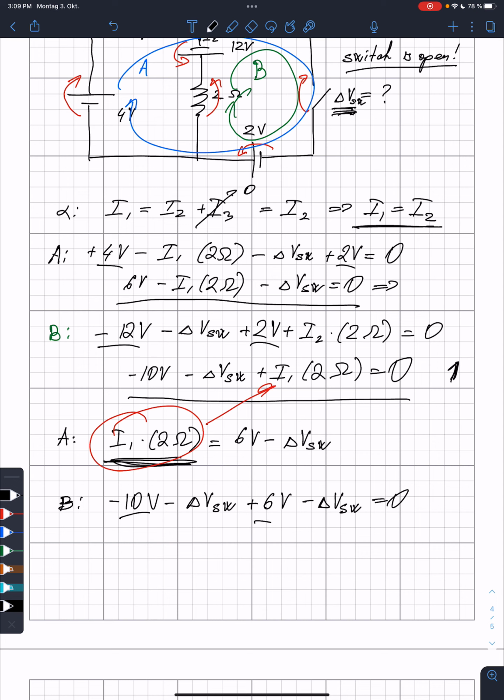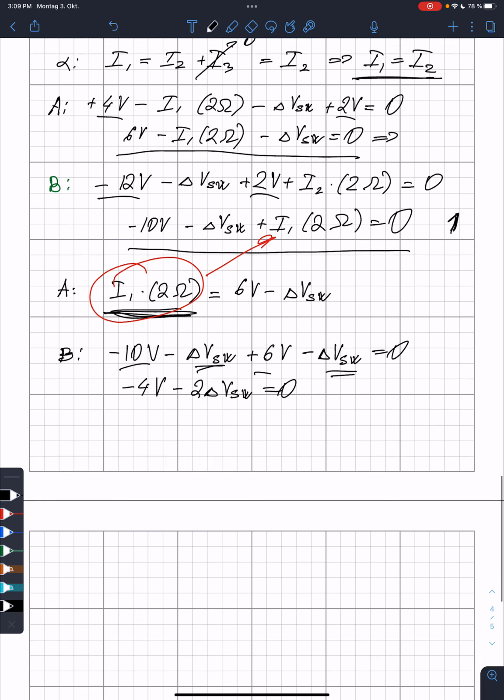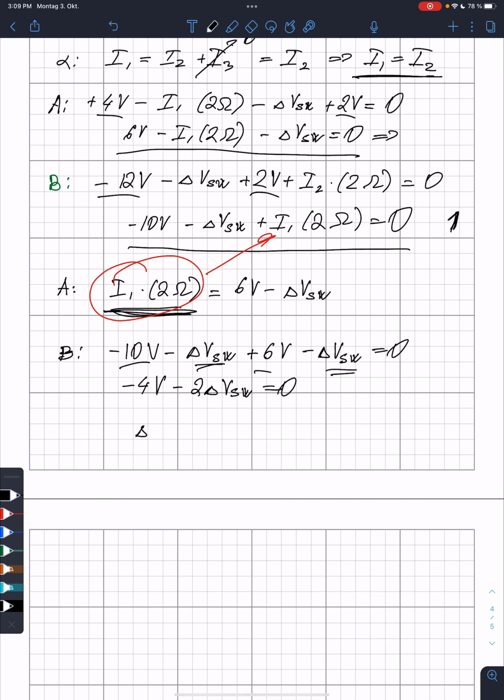I combine these two and get minus 4 volts, and I combine these two and get minus 2 delta V switch, equals 0. Now I can solve for delta V switch to get negative 2 volts. And you see that this time it's actually negative.